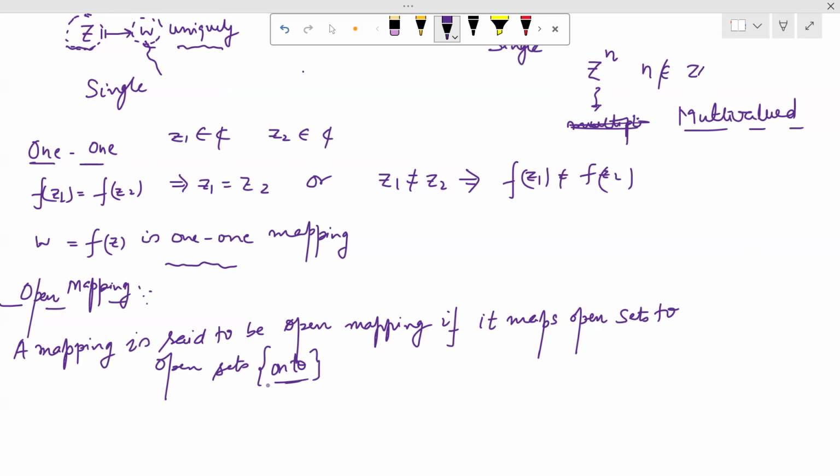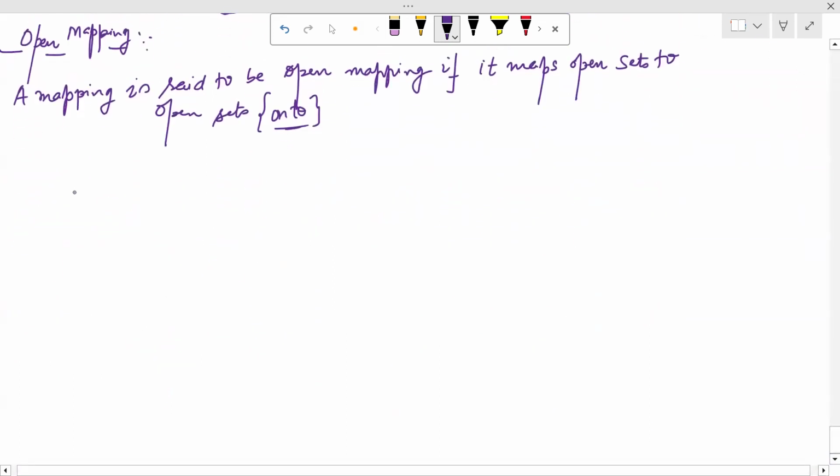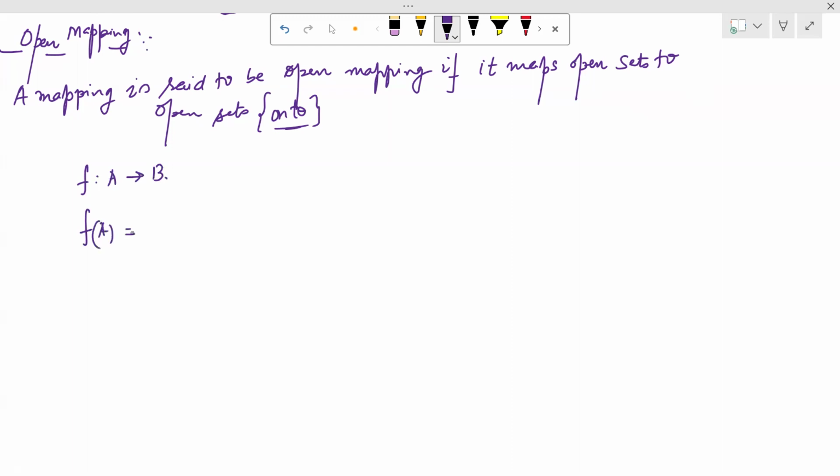Okay, so that mapping must be onto. And I know what is onto. If f is defined from A to B, and if the range of f is completely equal to the set B, then the mapping is said to be an onto mapping.